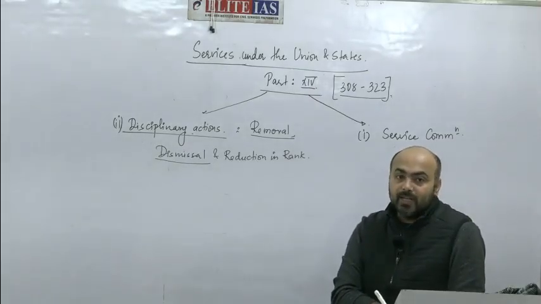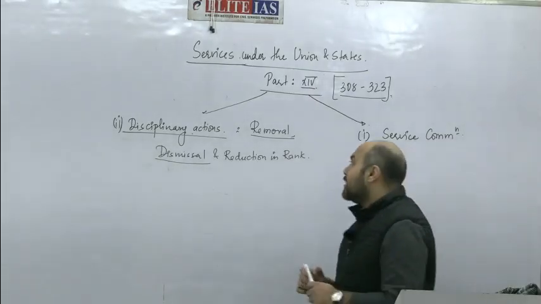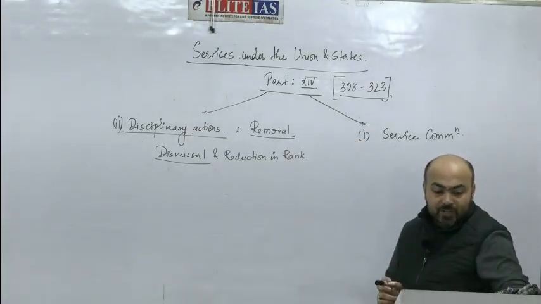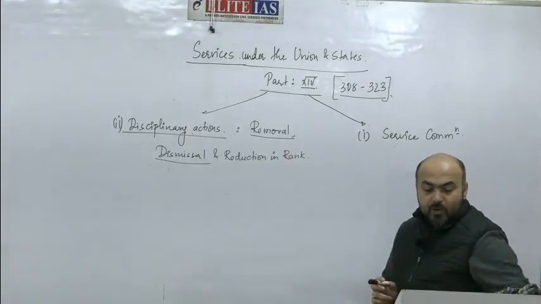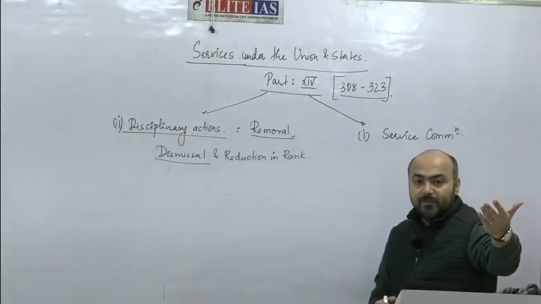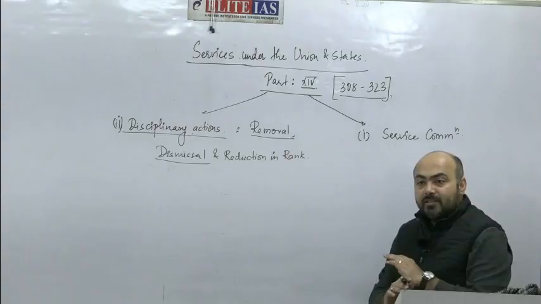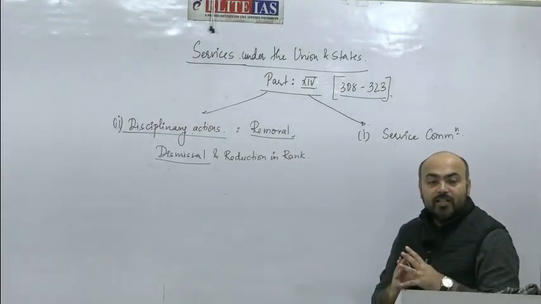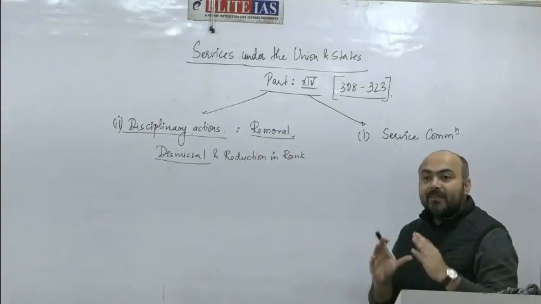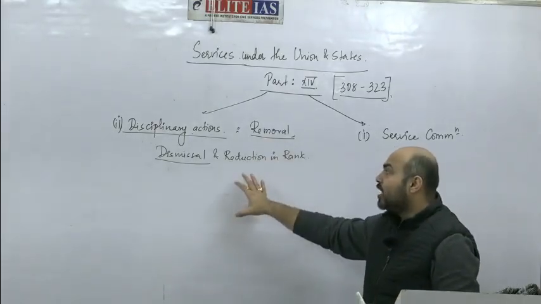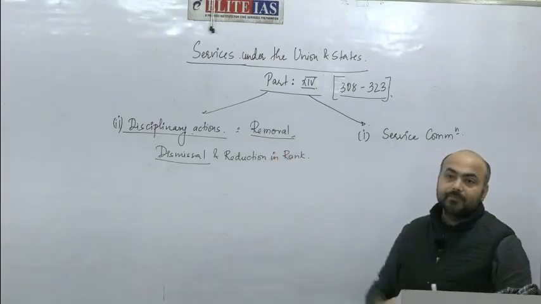So what is removal? Removal simply means that if an individual is removed from service, he is eligible for further employment under the government, but once an individual is dismissed from service, he is disqualified for any further employment. This is the meaning of the terms removal and dismissal.